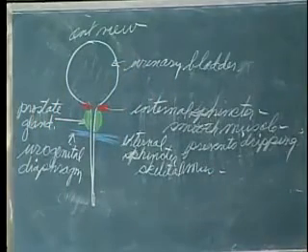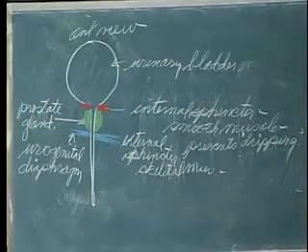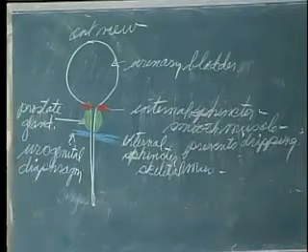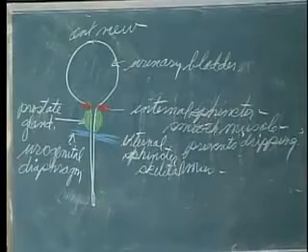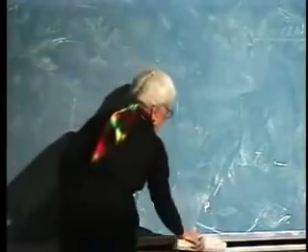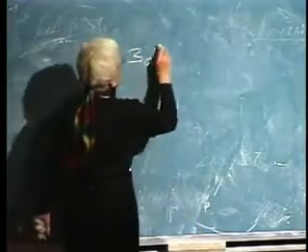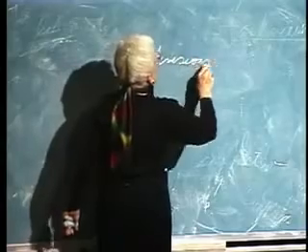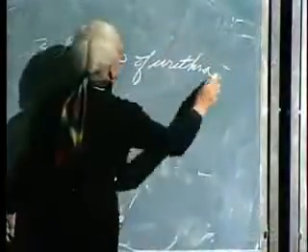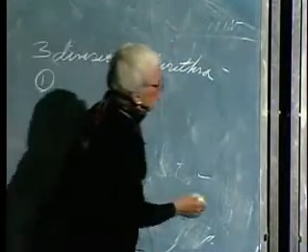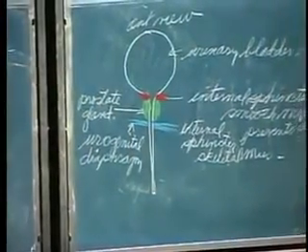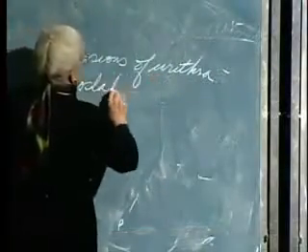So we divide the urethra into three divisions. The first one will be the prostatic division.